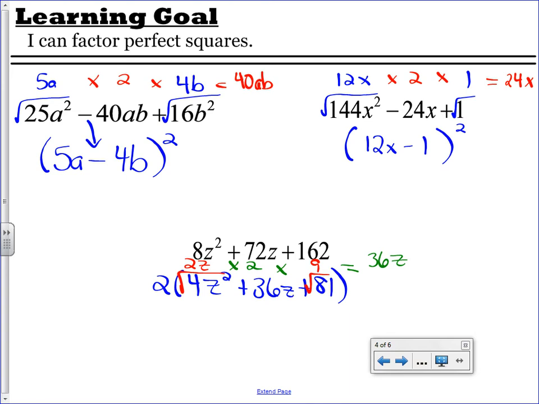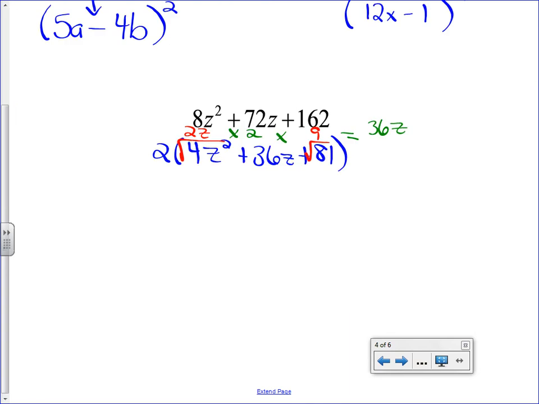I can use this to come up with my next answer. Can someone who I haven't heard from tell me what would I write on my next line for my final answer? Robbie? 2 what?